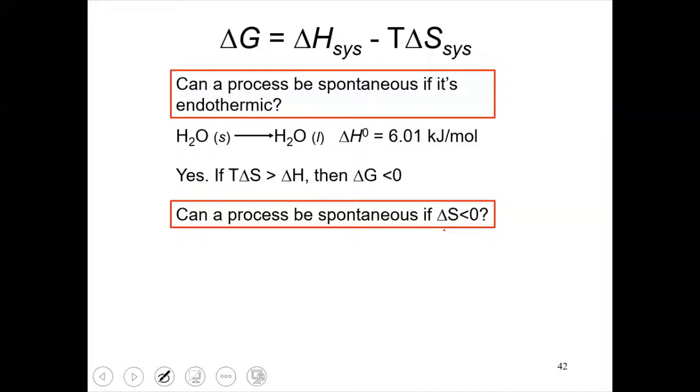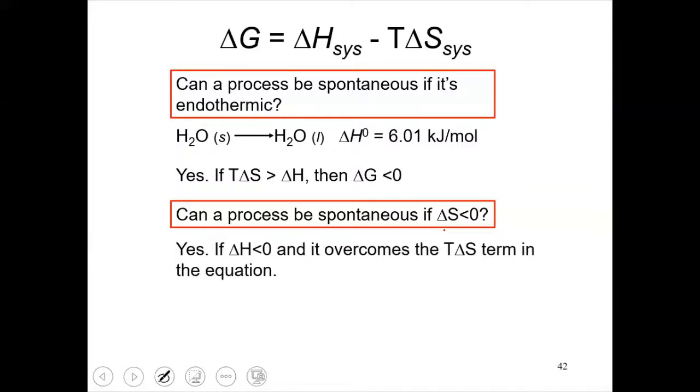And we just saw that if delta H is negative, in other words, if the process is sufficiently exothermic, mathematically, that negative delta H of the system on the equation offsets the positive that you're going to get from that T delta S term, and therefore you end up getting a net negative delta G.